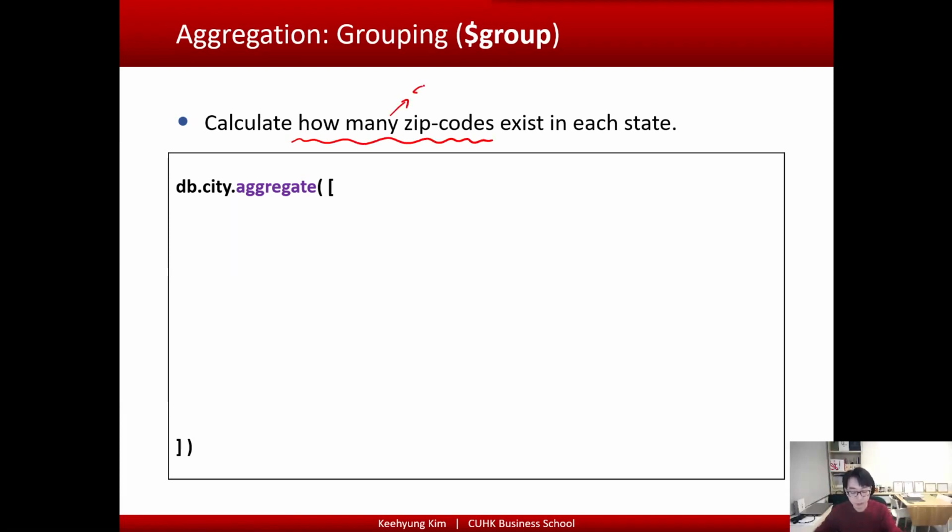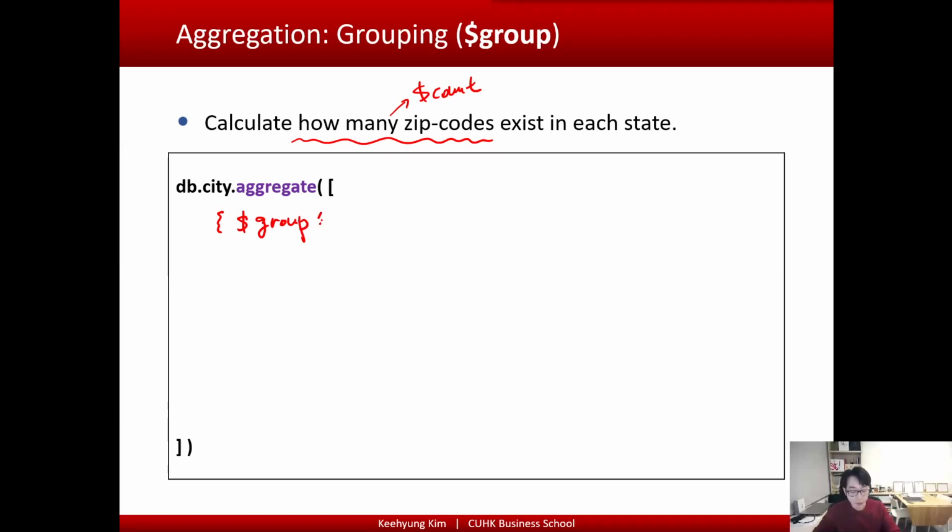Basically, we have to use the count operator, right? We simply want to count how many documents belong to each state. So if we want to design an aggregate function that gives an answer for this question, then we can use the aggregate function, and we can simply use the group operator first.